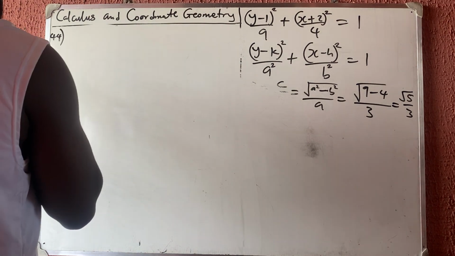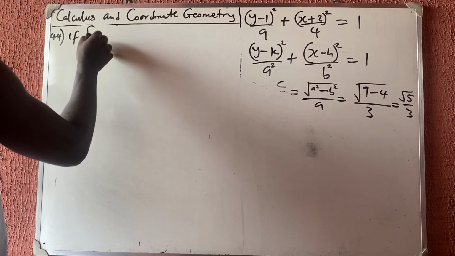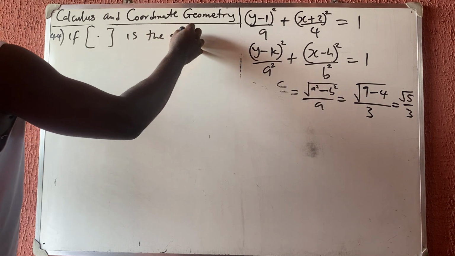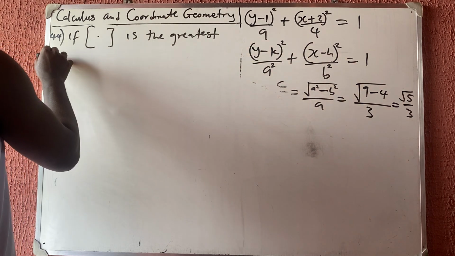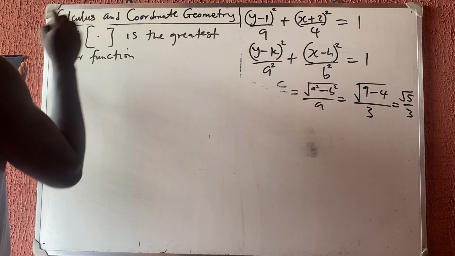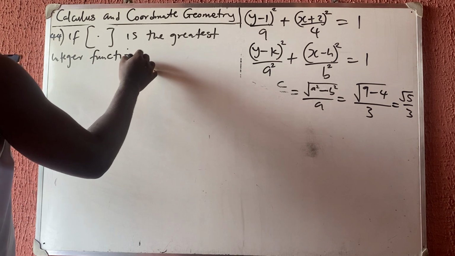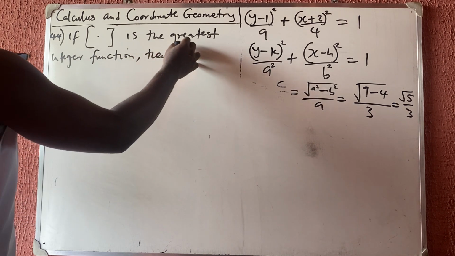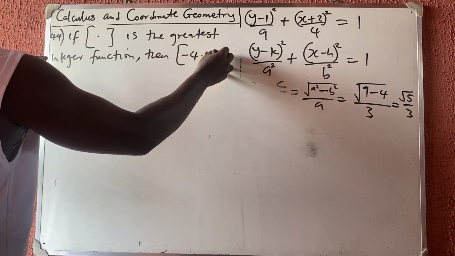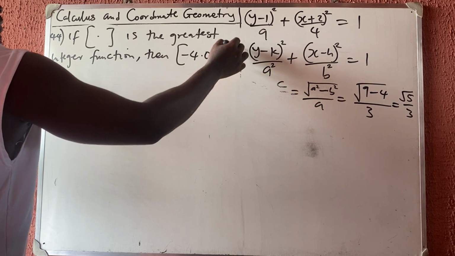Question number 44 said that if this dot is the greatest integer function, then we should now find minus 4.0001 raised to power 3.